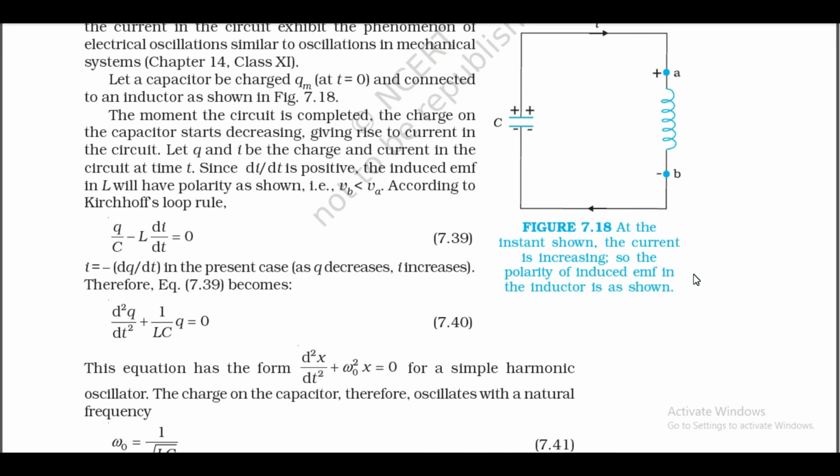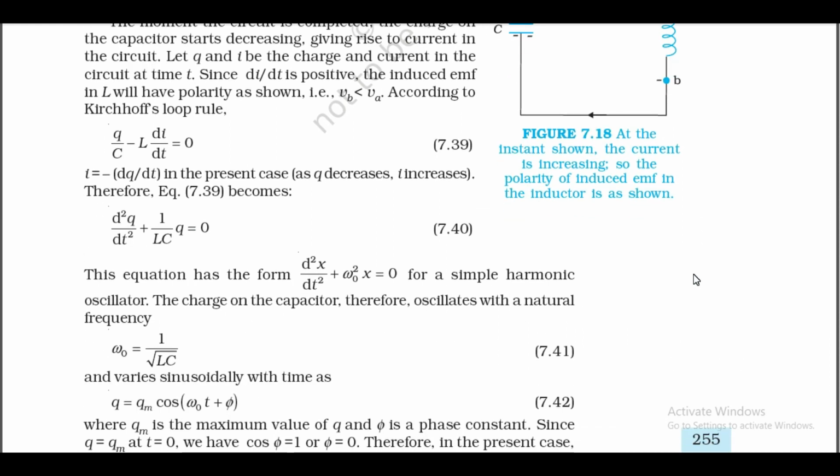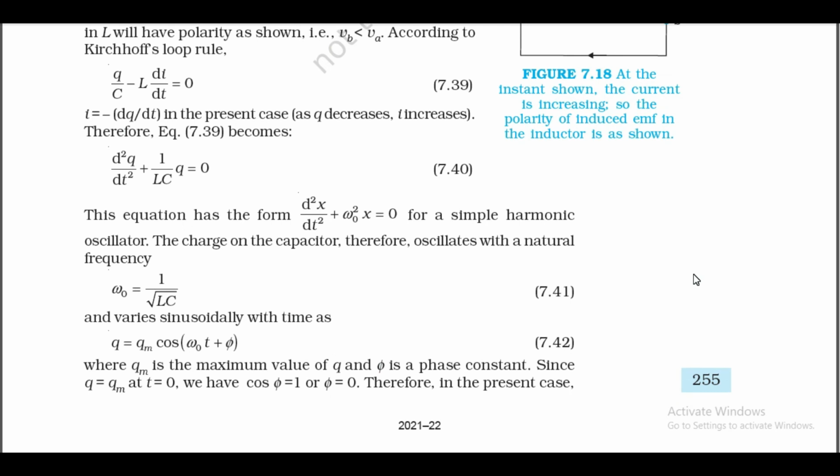Therefore, equation 7.39 becomes d squared Q divided by dt squared plus 1 divided by LC into Q is equal to 0. The equation has the form d square x divided by dt square plus omega squared x is equal to 0 for a simple harmonic oscillator.